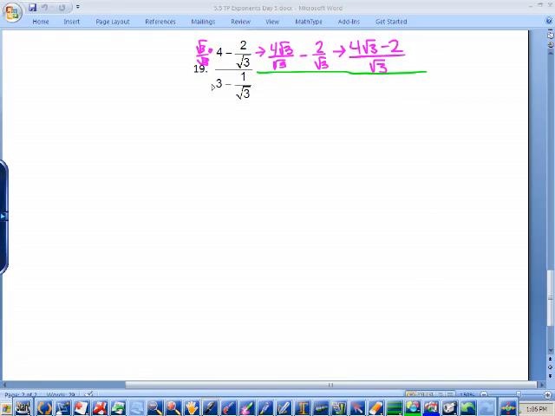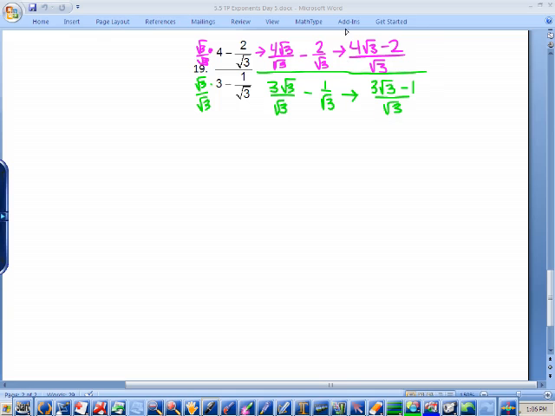So I'm going to multiply the 3 by root 3 over root 3. So I get 3 root 3 over root 3 minus 1 over root 3, which gives me 3 root 3 minus 1 over root 3. Everyone okay there?